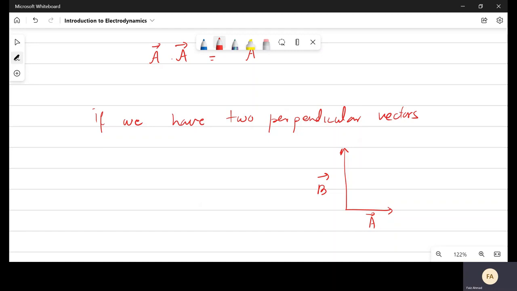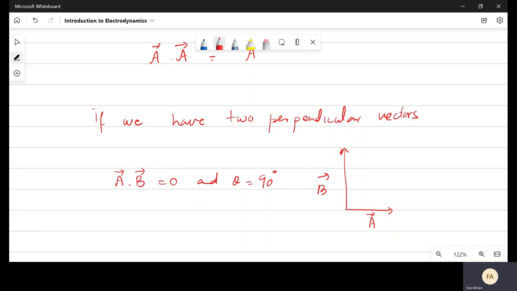So for two perpendicular vectors, A dot B is equal to 0 and theta is equal to 90 degrees, and we know cosine of 90 is 0.